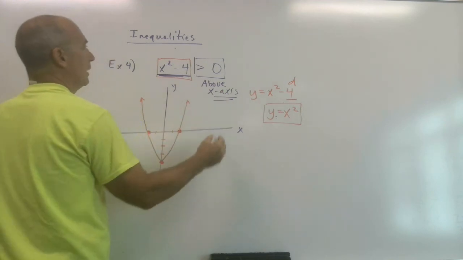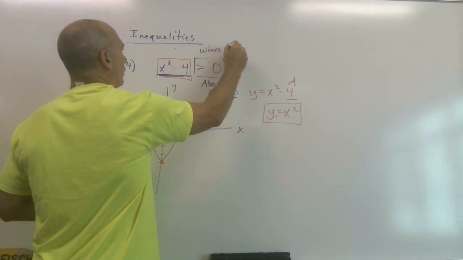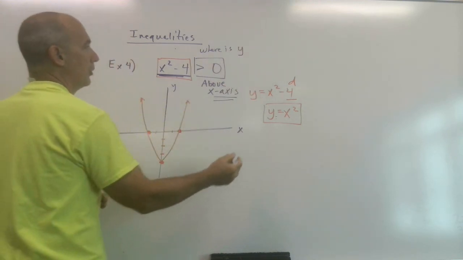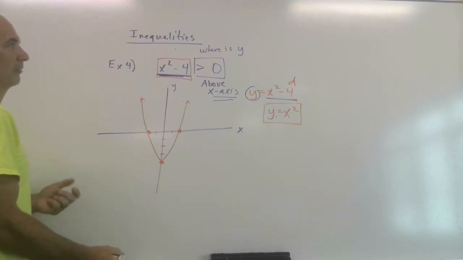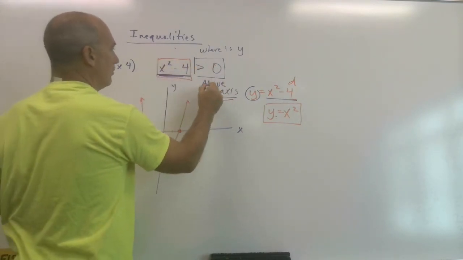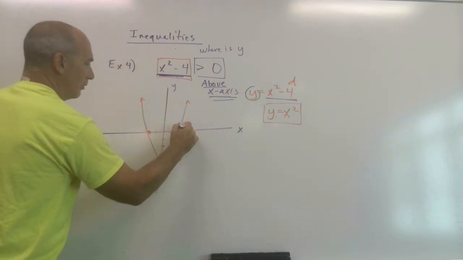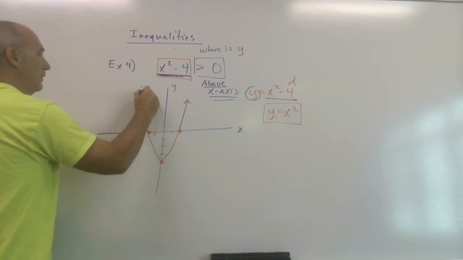Slightly different. In other words, that's another way of saying, where is y? Now notice, y equals this stuff. So it wants us to talk about where is y greater than 0. It's above the x-axis. So that would be strictly here and here, and here and here.